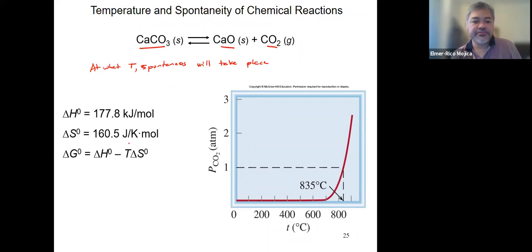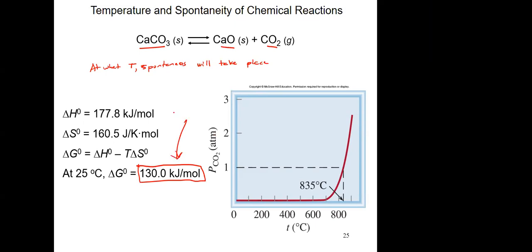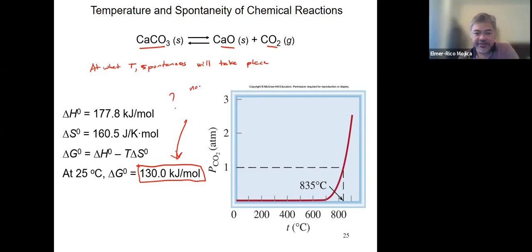At 25 degrees Celsius, delta G is 130 kilojoules per mole. So what does this mean? Is this spontaneous or non-spontaneous? It's non-spontaneous.